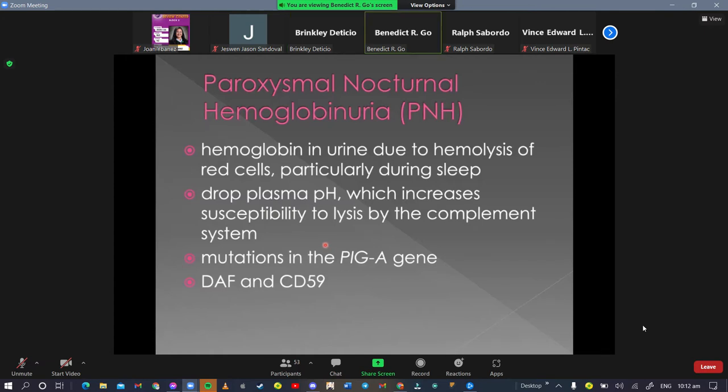Okay. So what happens? There is going to be lysis by the complement system. No, before that, I'm talking about a mutation in the PIGA gene. Then what happens? The PIGA gene will not cause lysis by your complement system.